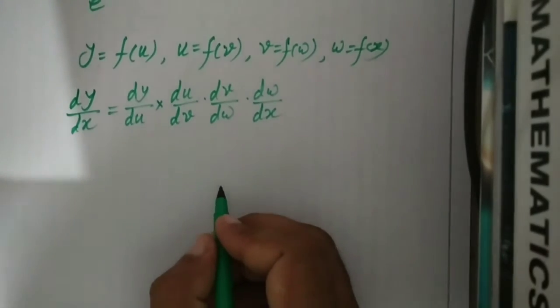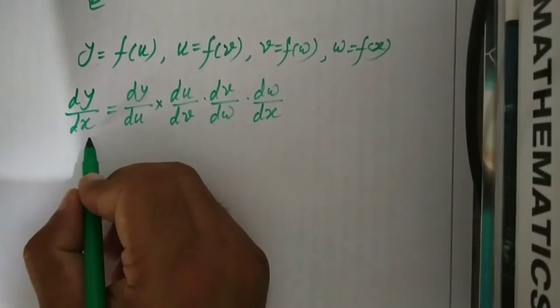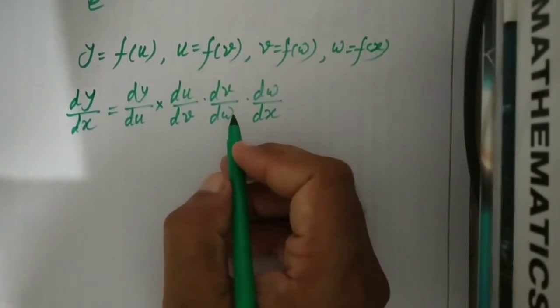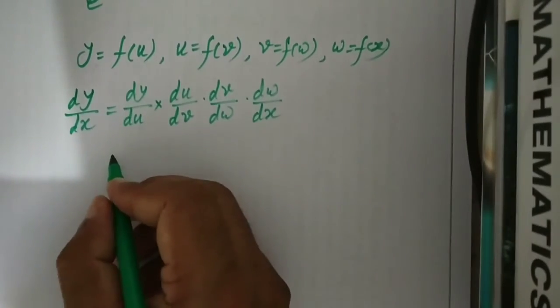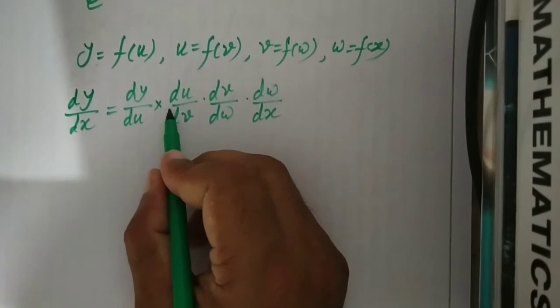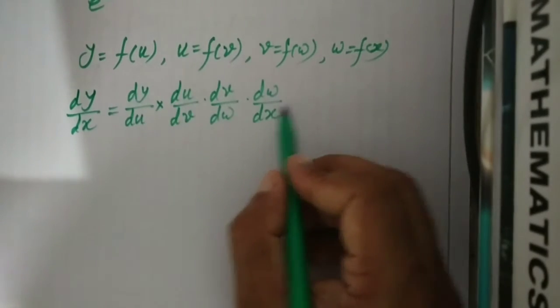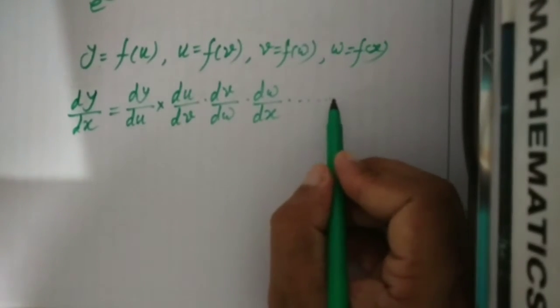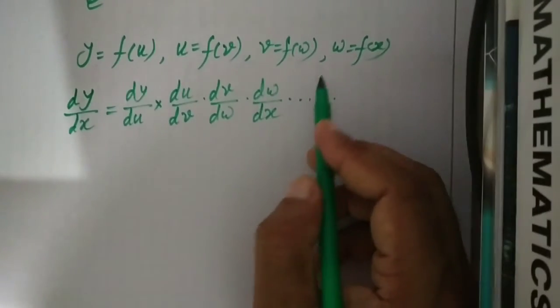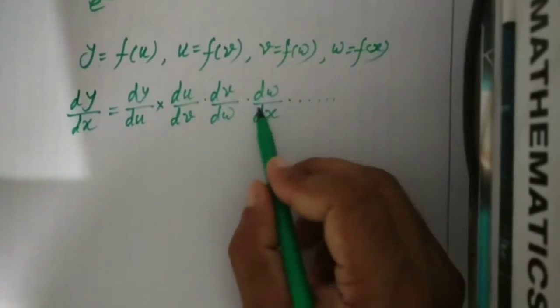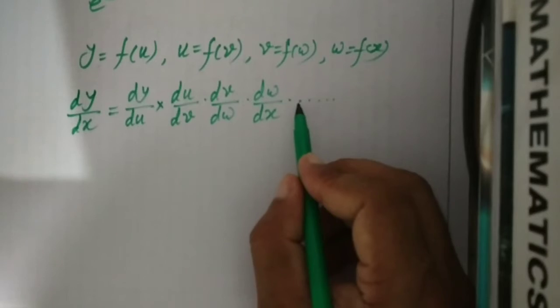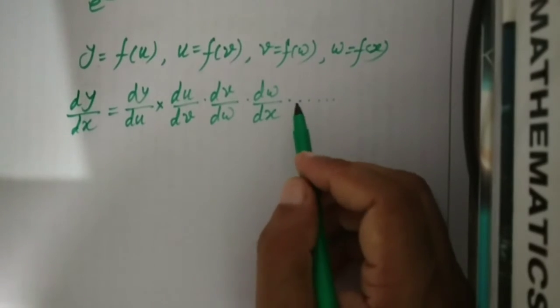The chain rule is not limited to these four or five; it can be extended as much as you want, split into as many parts as the compositions given.